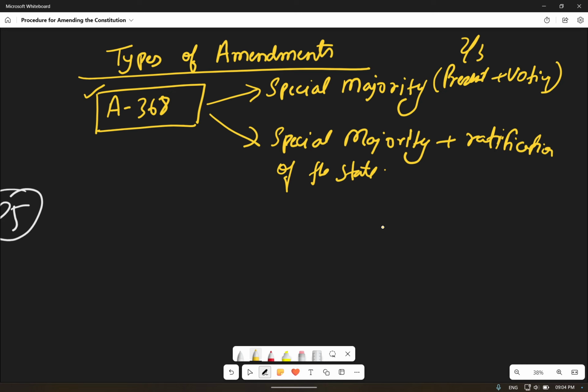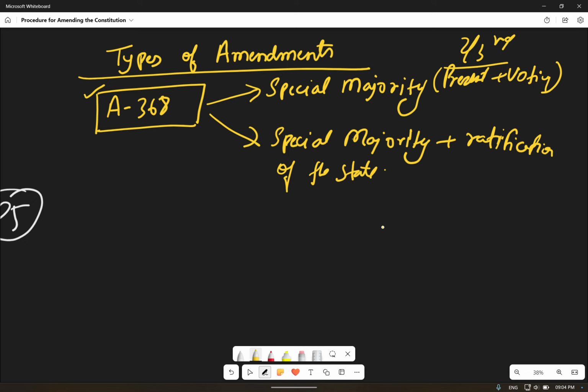Two-third present and voting, and the other flavor is two-third present and voting plus 50% ratification of the states.